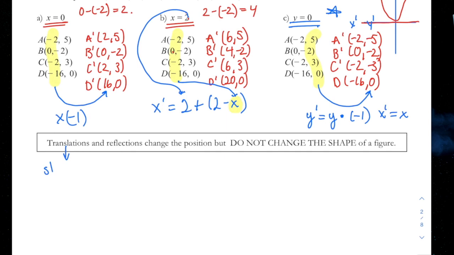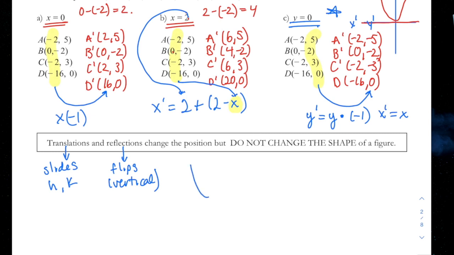Translations are slides, okay, and they happen by changing h and k. Reflections we can call flips, and in this unit, in this course, we're only going to look at vertical flips.